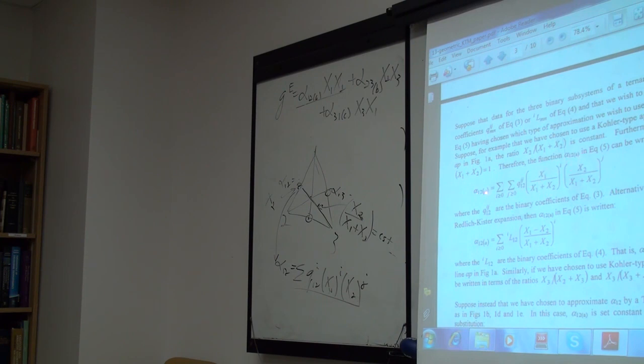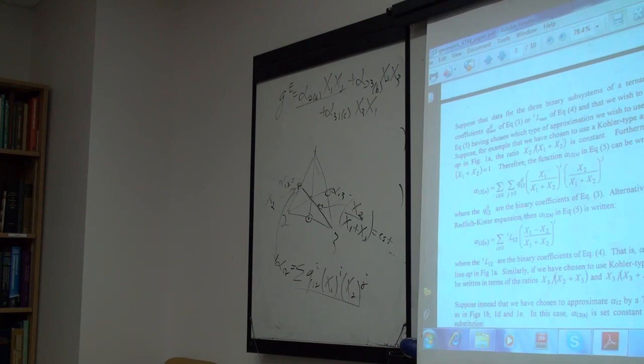So along this line, this function here and this function here are constant, so clearly along this line, this function alpha 1,2 is constant. And at the end point here, this is equal to x1 and this is equal to x2. So at the end point, it's equal to the value of the binary and stays constant along that line. So that's all you do, you just replace.